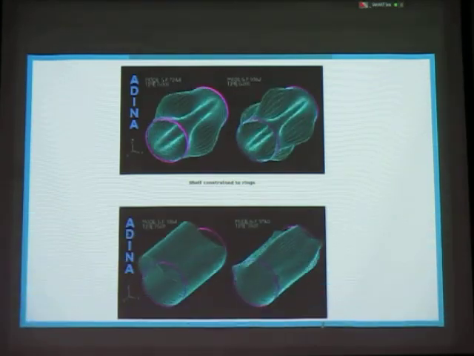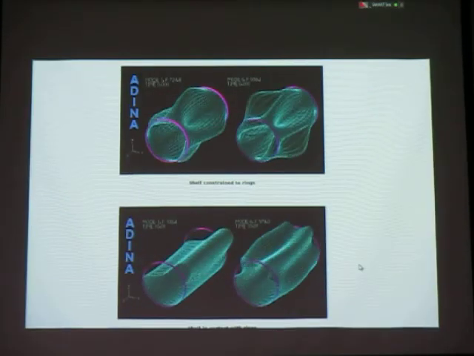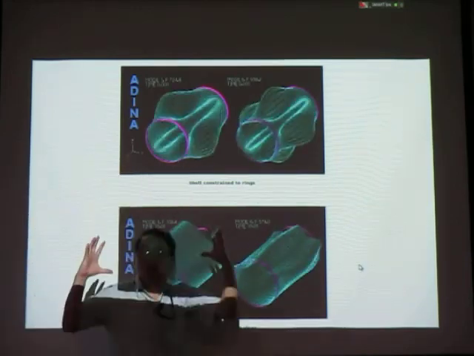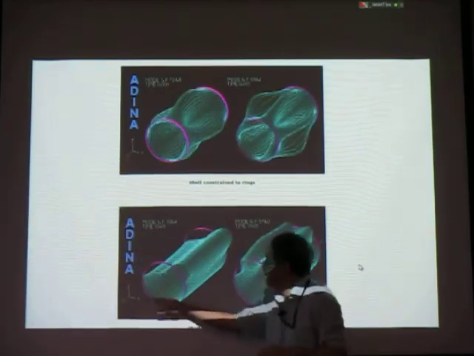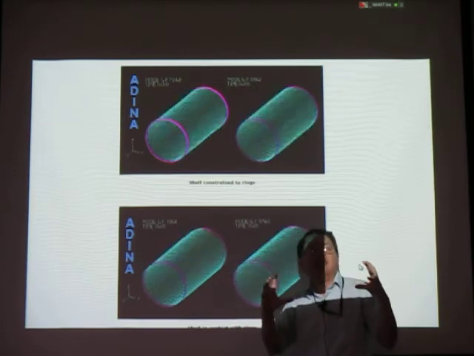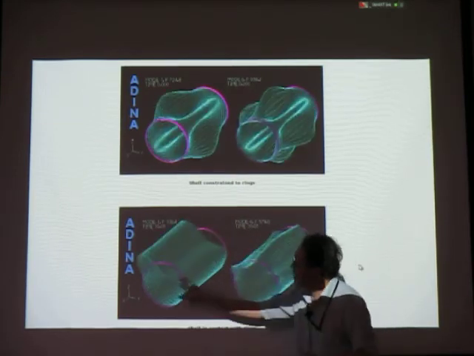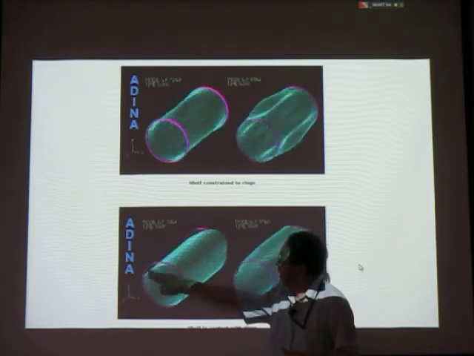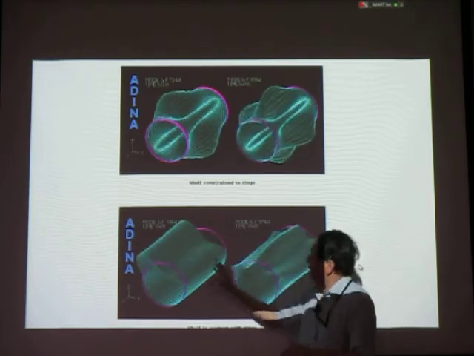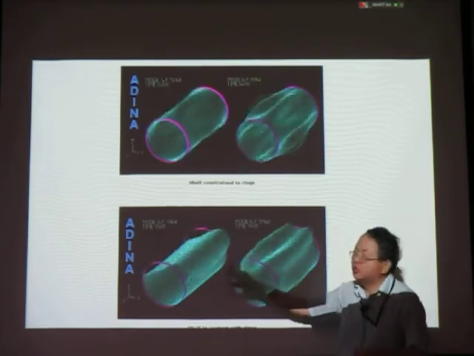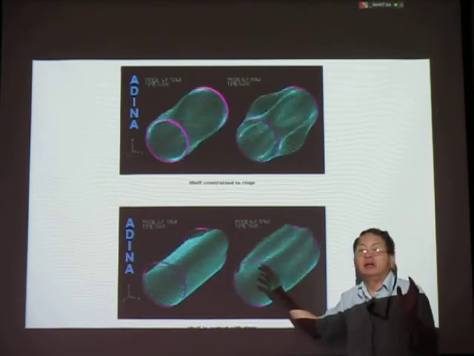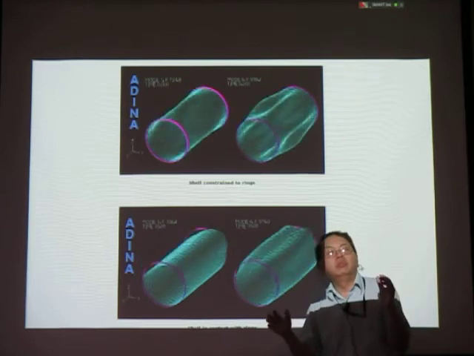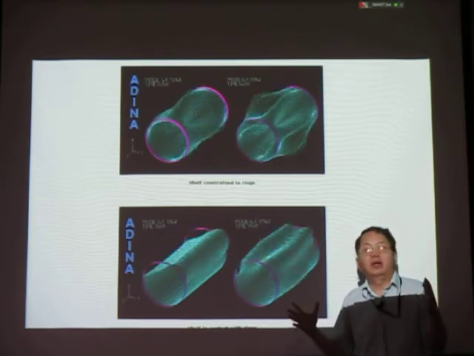And now this is the case where you no longer have a rigid constraint of the two ends, but here you have what is called the contact constraint. So due to gravity, you lose contact between the shell and the ring. Okay, and so these two are the two vibrational mode shapes with these boundary conditions.